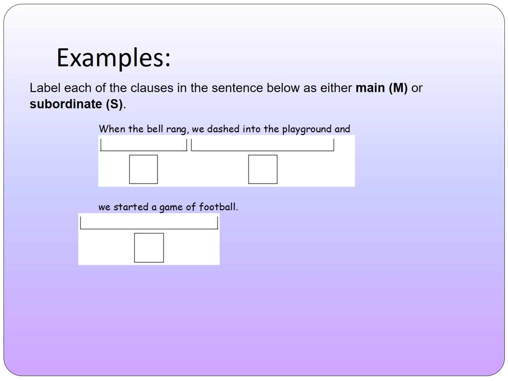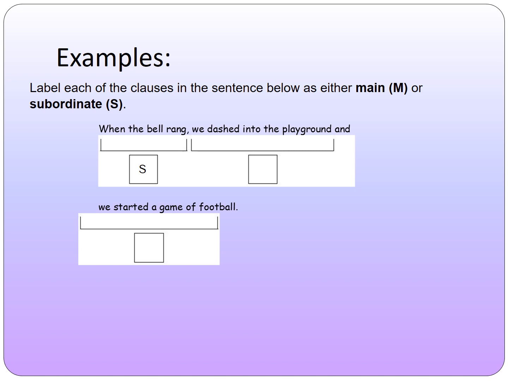If it does not make sense on its own, it is the subordinate clause. When the bell rang. That is an example of a subordinate clause. It doesn't make sense on its own, it is not a full idea. It also has the subordinating conjunction when. That gives us another clue.